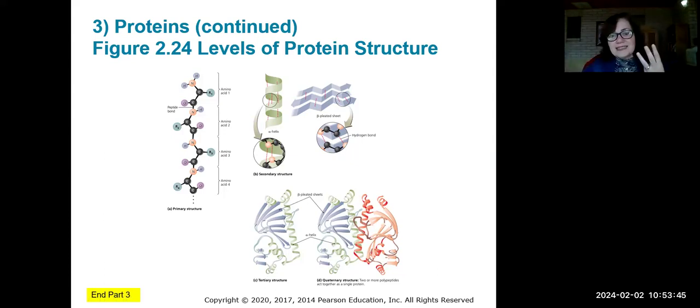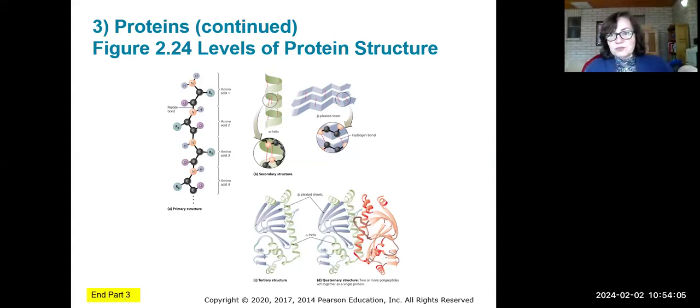And then finally, if you have more than one polypeptide, more than one chain that has to come together to form a functional protein, that's referred to as quaternary level structure. So the fourth level of structure. The shape of the protein determines what job this protein can do.